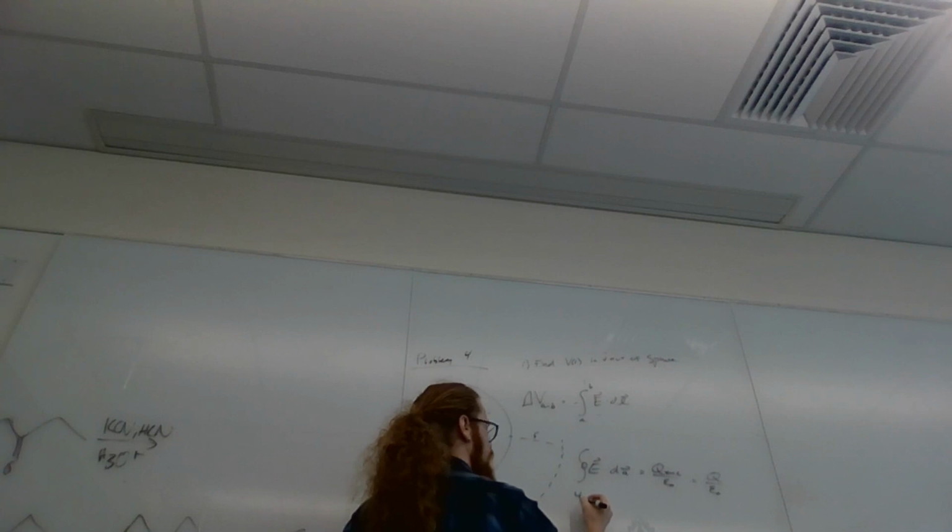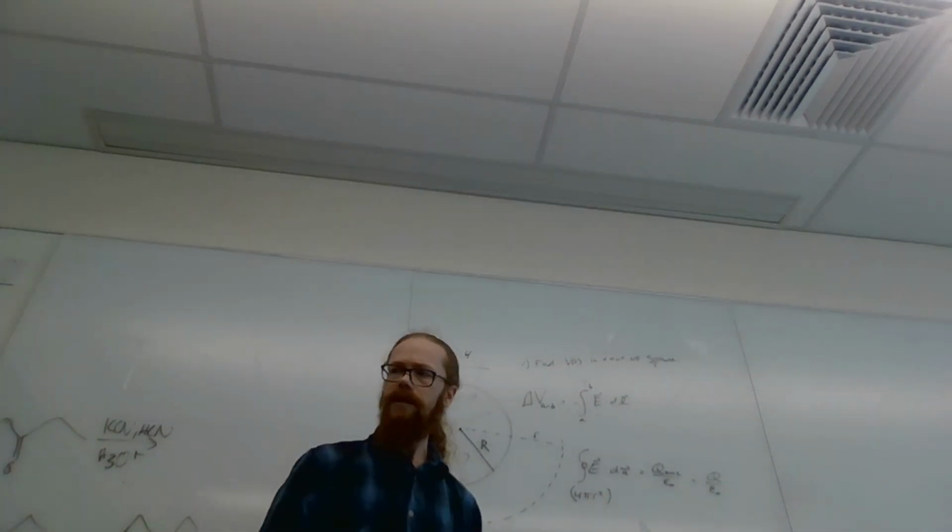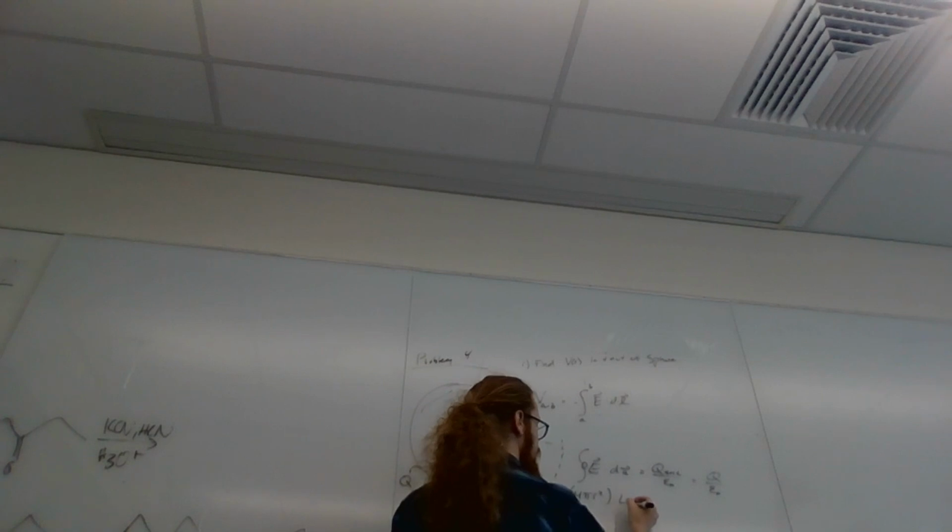That's going to be 4 pi r squared, the surface area of the sphere. Sounds right? Yeah. Times E as a function of r equals Q over epsilon naught. Lovely. I've got E. E of r equals Q over 4 pi epsilon naught r squared.